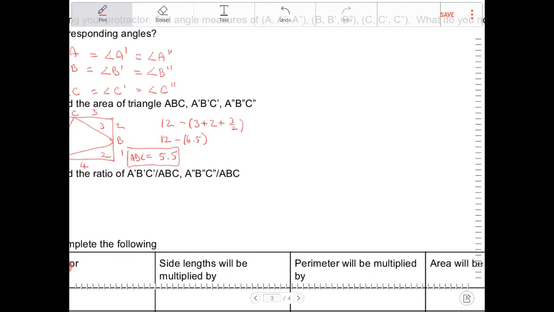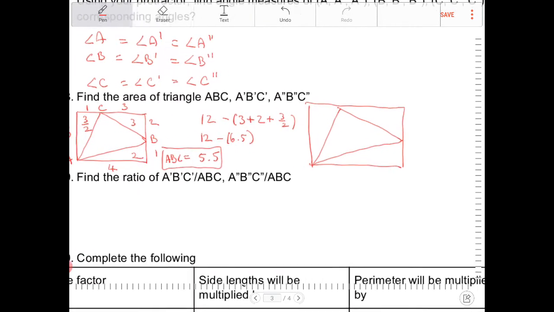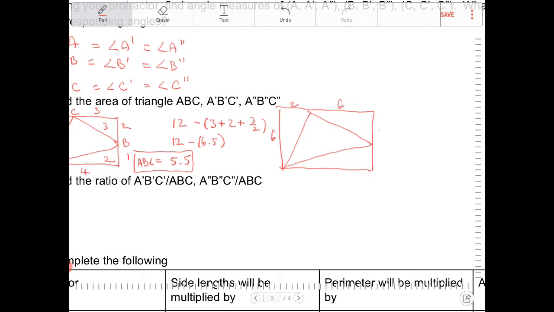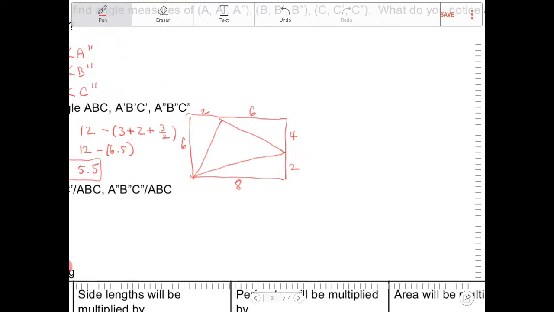I want to do this again. This time, this will be 6, this will be 2, this will be 6, this will be 4, this will be 8, and this will be 2. Now if I do this again, this will be 6, this will be 12. When I say this, I mean the area of that right triangle there, and this will be 8.